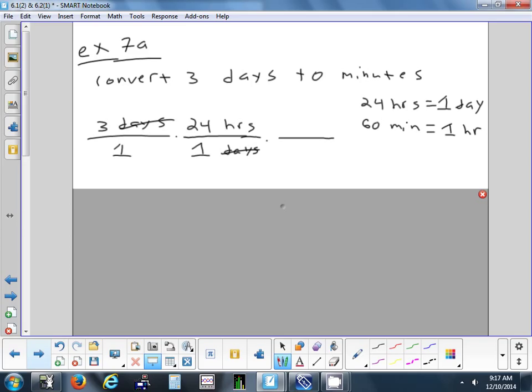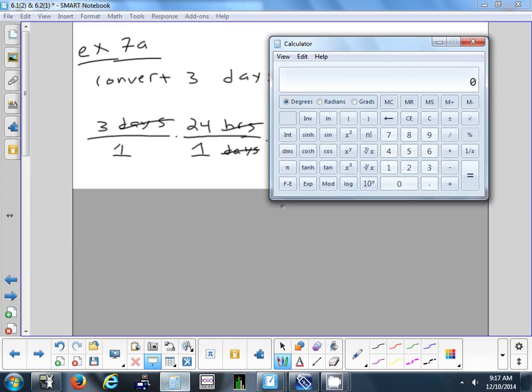Where do we want hours to go here? Top or bottom? So bottom. The number associated with hours was 1. The number with minutes is 60. Now look at the units that are left. Minutes and nothing else.